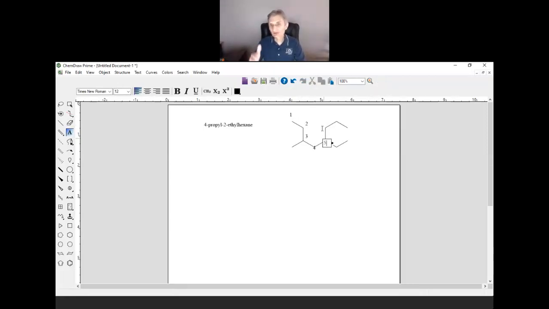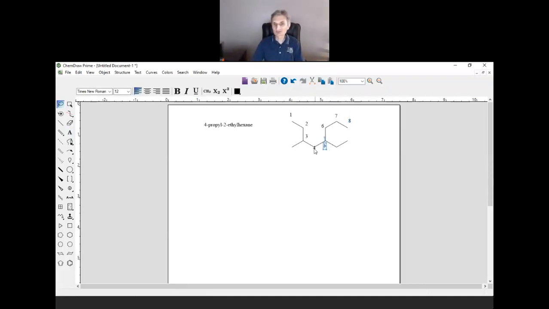You may have to look at different paths, different chains, to see which one is the longest. For me, it's easy to figure out which one is the longest chain. So you can see 8 carbons is the longest chain. That means that this is not hexane, this is actually an octane.